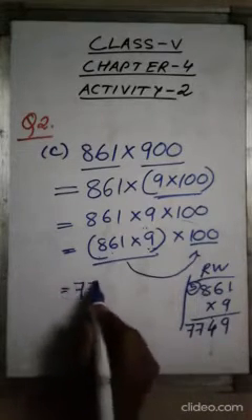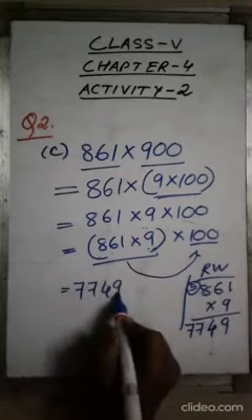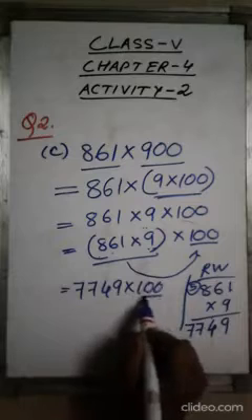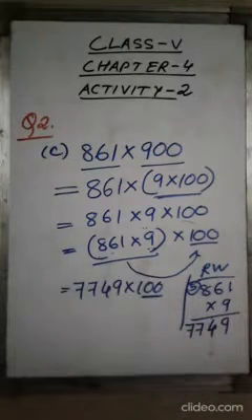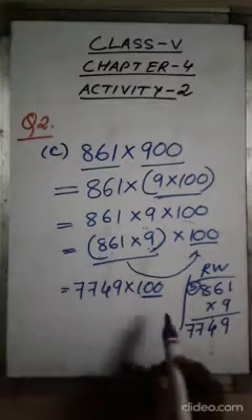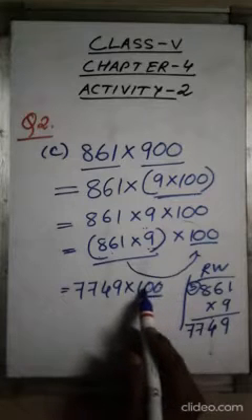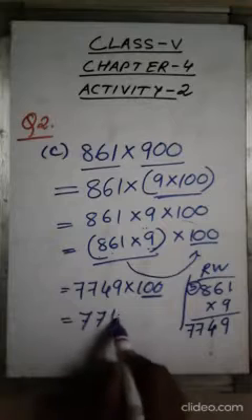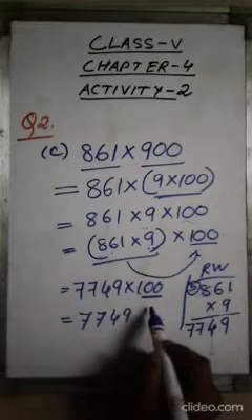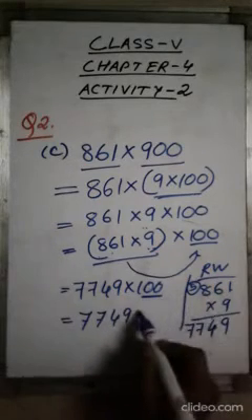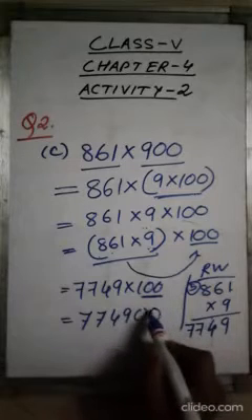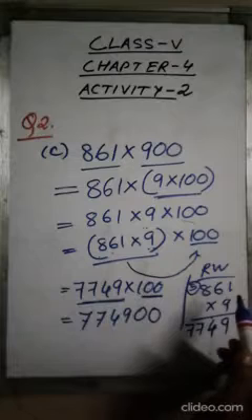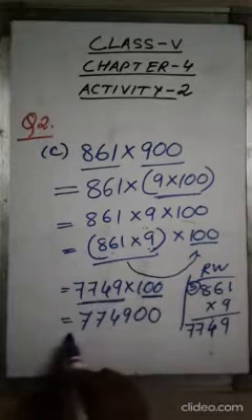So 7749 into 100. You know, in multiplication by 10, by 100 and 1000, there are two zeros in 100. So without wasting time, I just add these two zeros after the number which we have to multiply by 100.